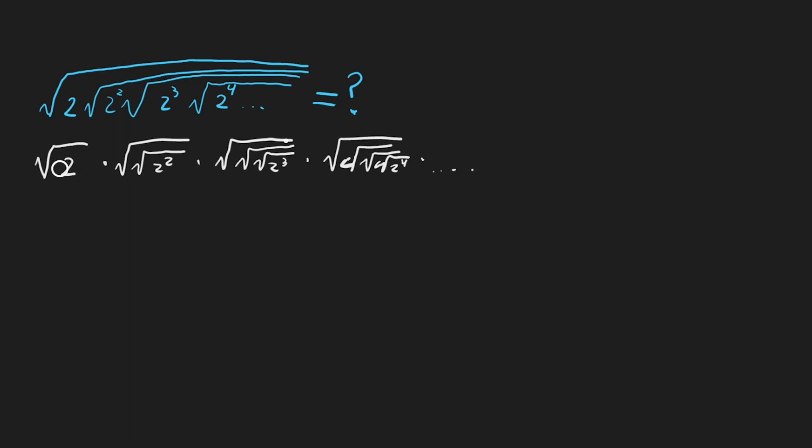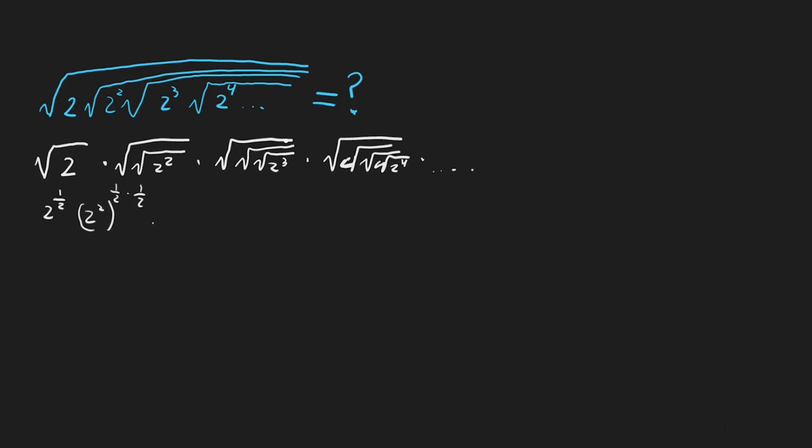So how can we rewrite this in another way? Well, 2 to the power of a half is another way of writing the square root of 2, and this is the square root and the square root. So this is 2 squared to the power of a half multiplied by a half, and that is actually what we're doing.